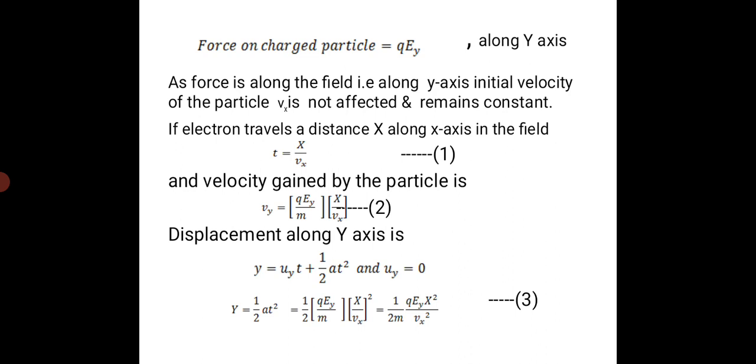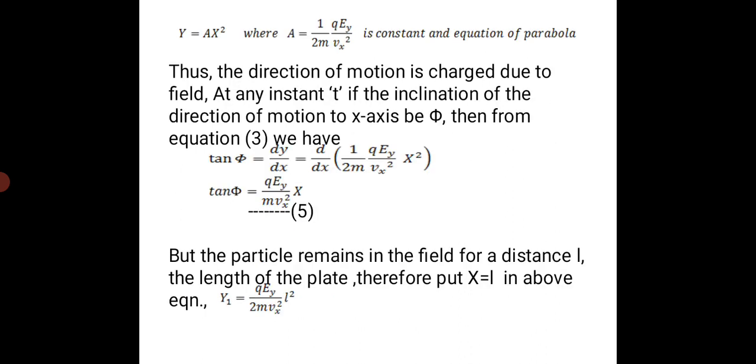So y is equal to 1 by 2m QEy x square by Vx square, equation 3. Here y is equal to ax square, a general expression, and here a is equal to 1 by 2m into QEy by Vx square, which is constant, and it represents the equation of parabola.